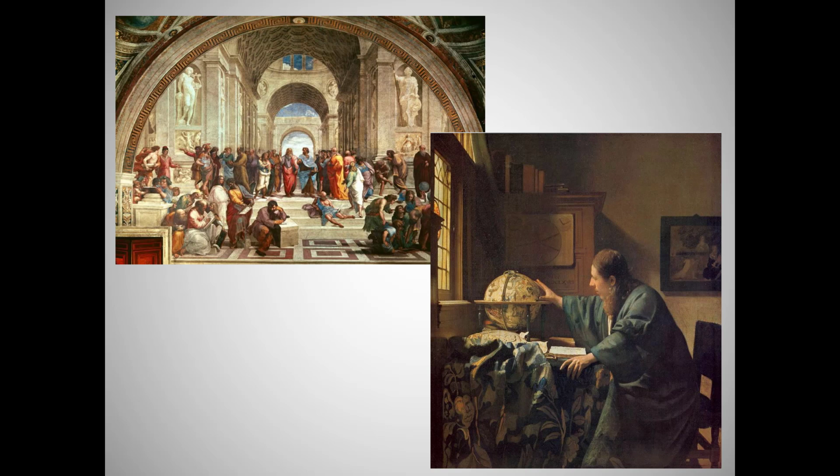We also see a modern, for the time, celestial globe. Raphael included plenty of scientists in his school, but they're all from the ancient world. Vermeer's scientist is a modern man. In fact, scholars think that the model was his friend van Leeuwenhoek, who invented a superior microscope and more or less founded the science of microbiology.